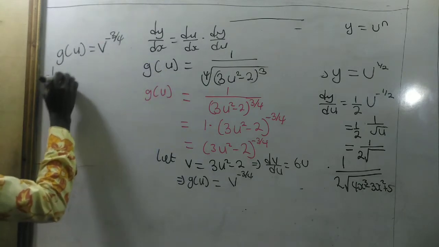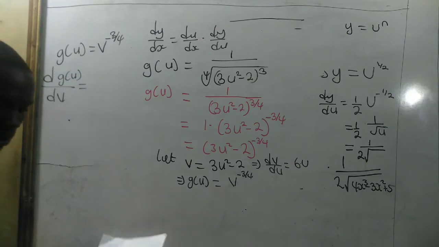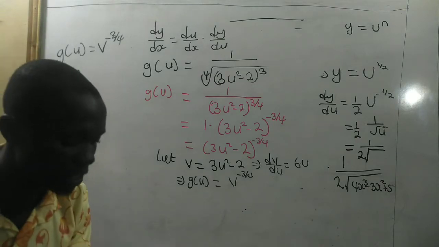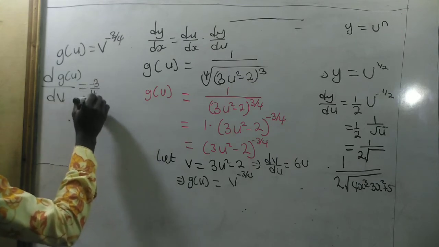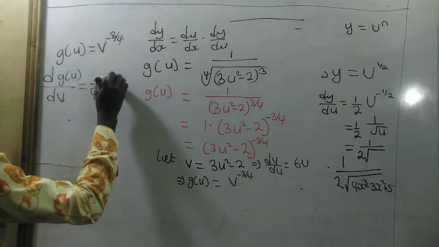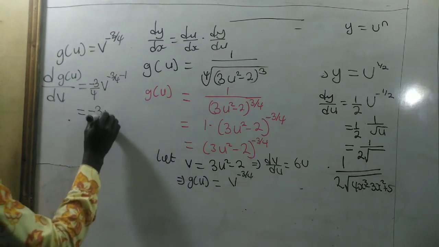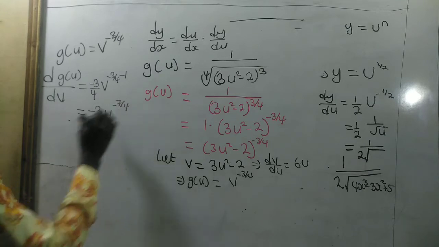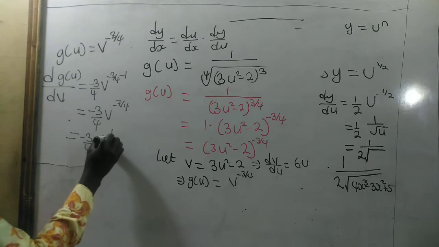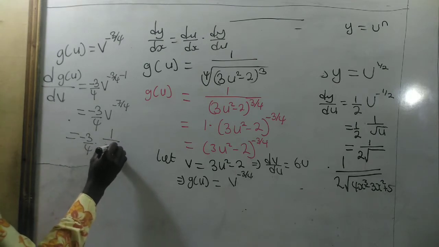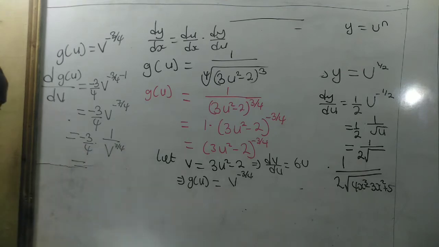So the derivative of g of u with respect to v is equal to, we multiply this by negative 3 on 4. We write v to the power negative 3 on 4 minus 1. And this will give us negative 3 on 4, v to the power negative 7 on 4. And this is the same as negative 3 on 4 times 1 divided by v to the power 7 on 4.